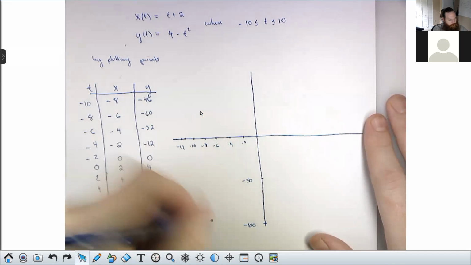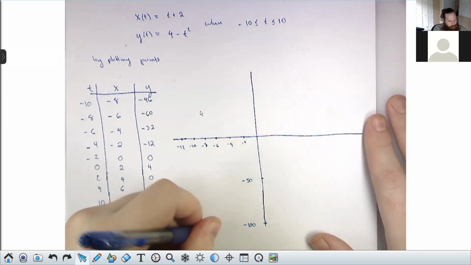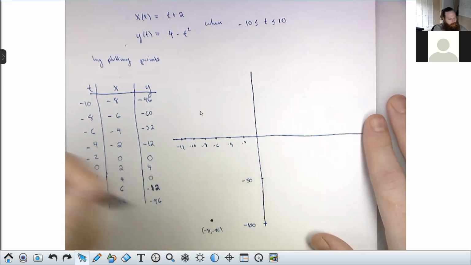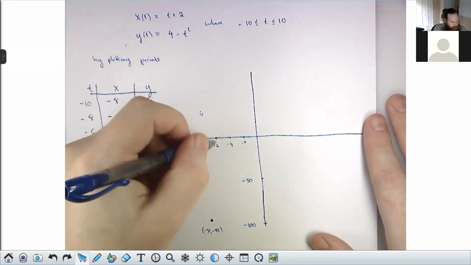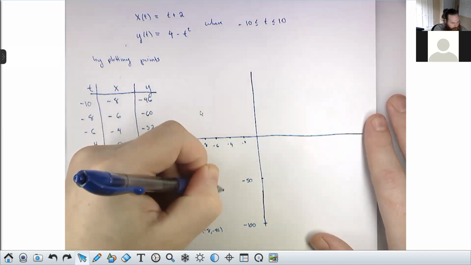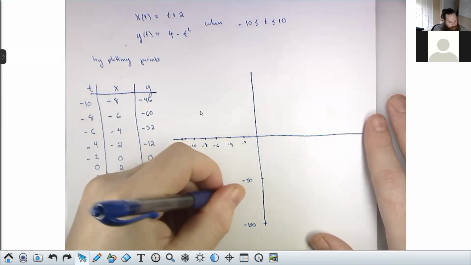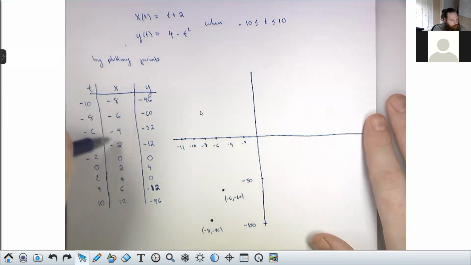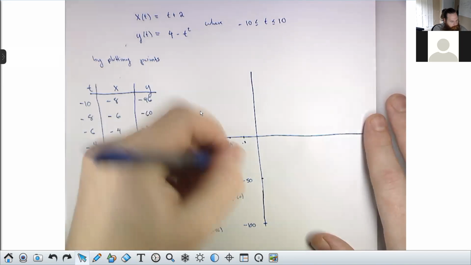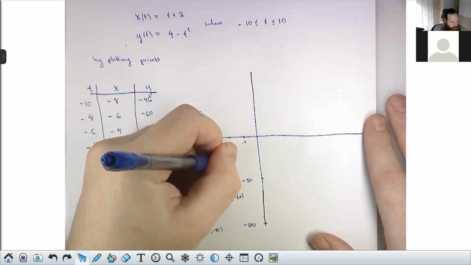That is my initial point. And then we move to -6, -60. And then we move to -4, -32. Which I guess would be right around here.